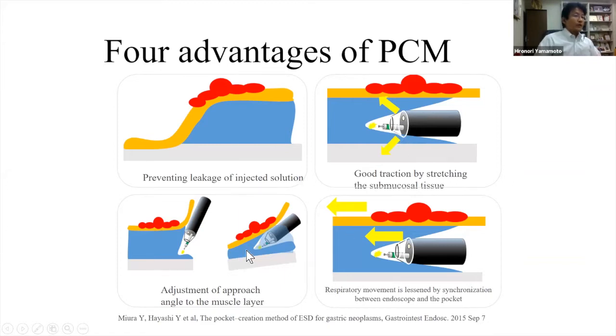And the approaching angle can be adjusted to become horizontal, tangential to the muscle layer. And respiratory movement is lessened by synchronizing between the endoscope and the pocket. So now the pocket creation method is the standard procedure of ESD in my institution.